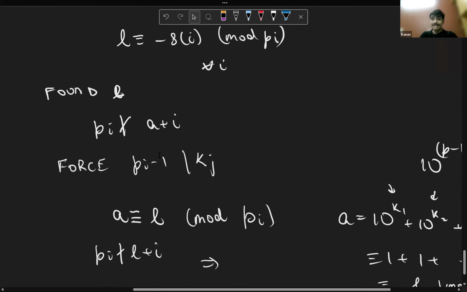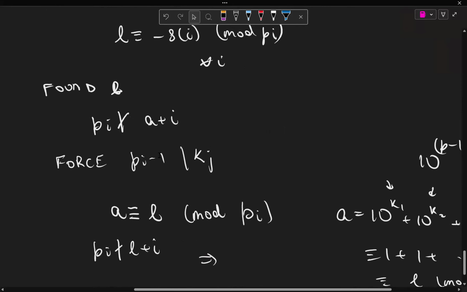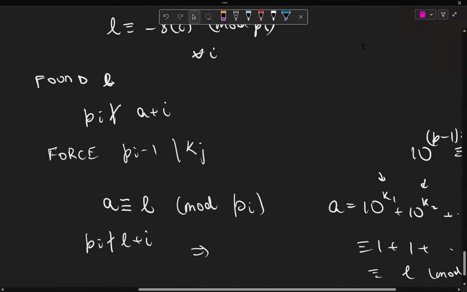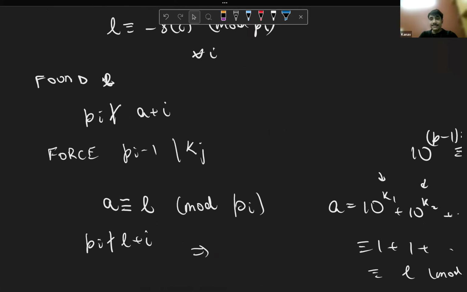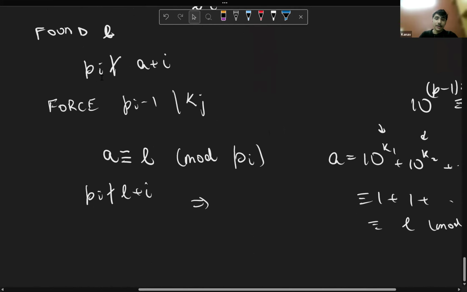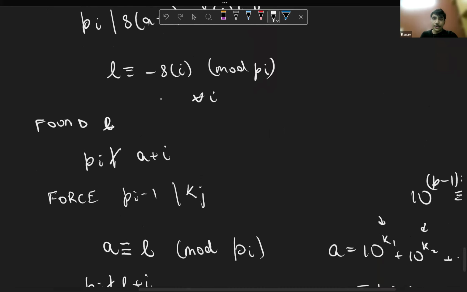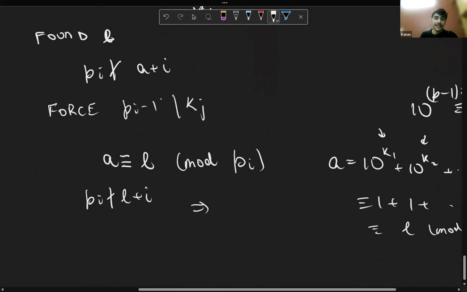Are we done? There's a tiny detail left. Both of these conditions, L is congruent to minus S of i mod Pi, and Pi does not divide L plus i, involve the same modulus Pi. So CRT doesn't work right here. CRT needs all of the moduli to be pairwise coprime.